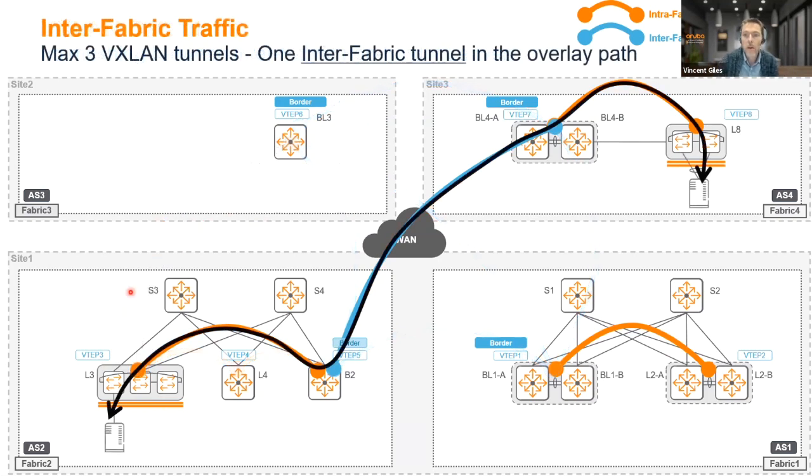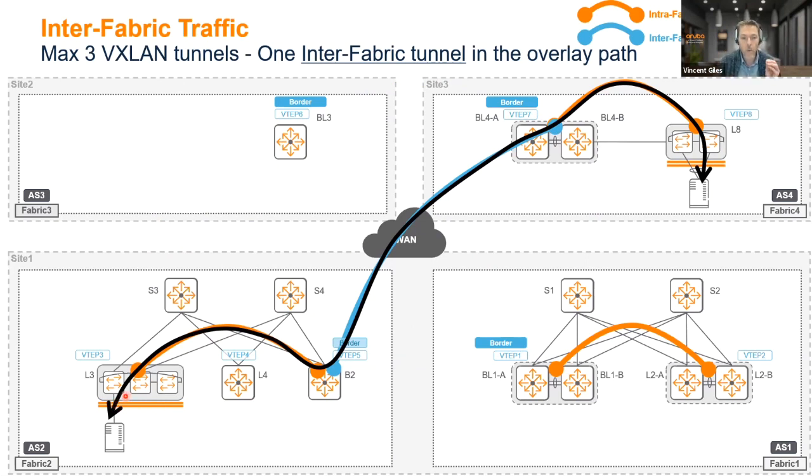So let's pick up particular traffic between that server, that host connected to VTEP 3 on Fabric 2, site 1, to site 3 with another host connected to that VTEP 8. You'll see that we are going to use a maximum of 3 VXLAN tunnels consecutively.